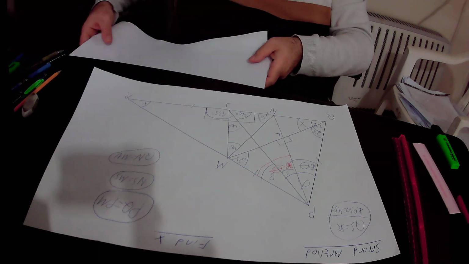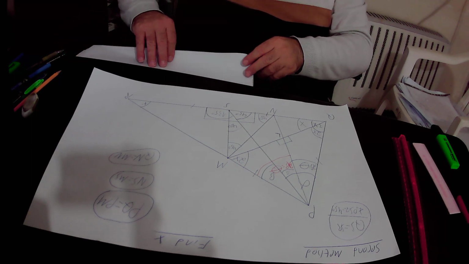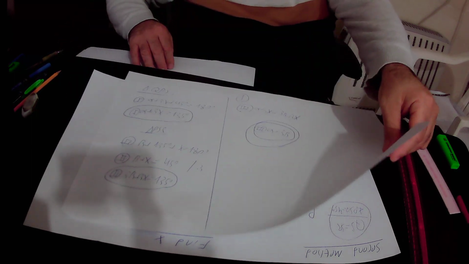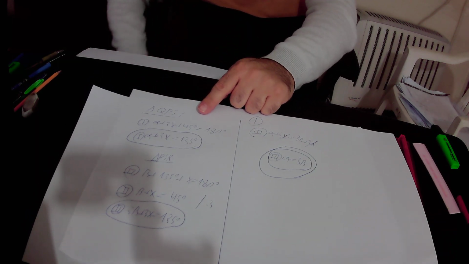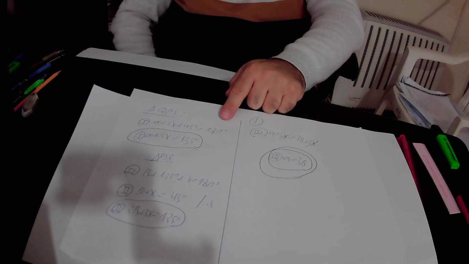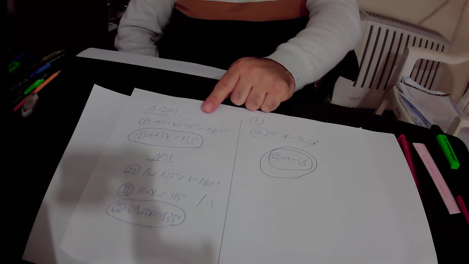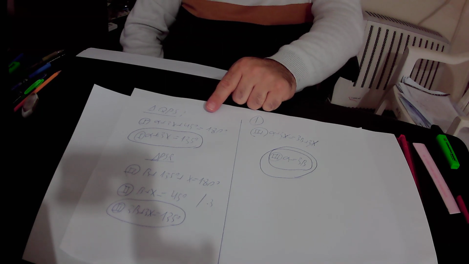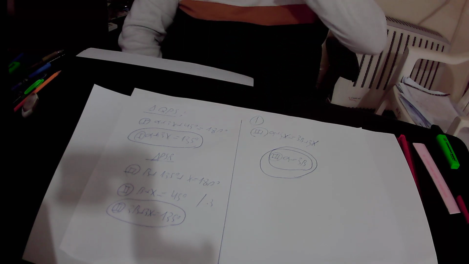And we also know that the sum of the angles in any triangle is equal to 180 degrees. That is to say, in triangle QPS, alpha plus 3x plus 45 degrees equals 180 degrees. We subtracted 45 degrees from this equation number 1, and we got that alpha plus 3x equals 135 degrees.